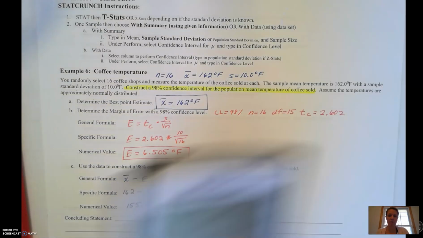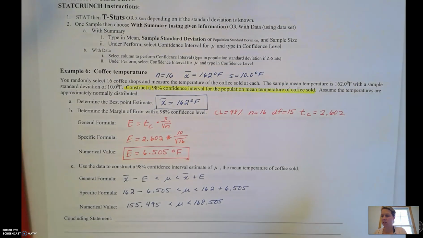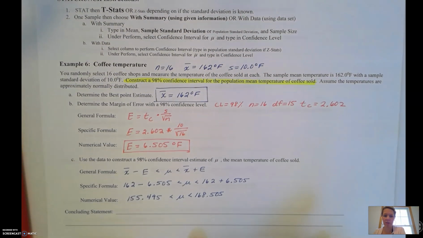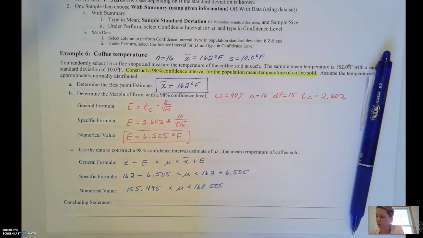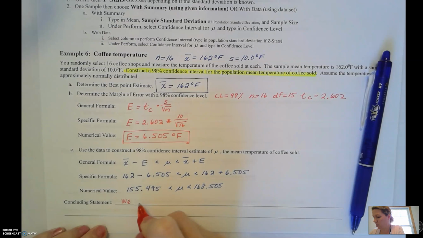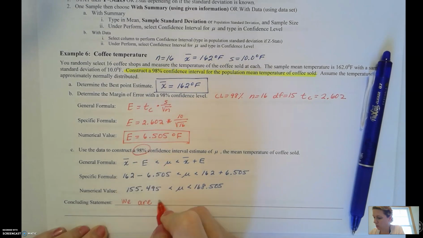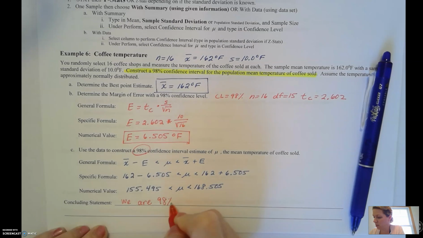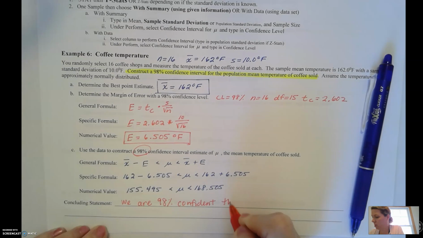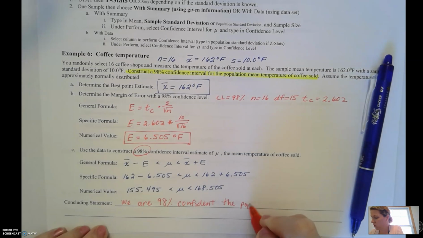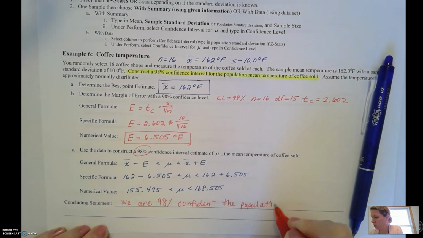Let's do the interpretation. The interpretation in our sentence is going to be: we are 98% confident, then the confidence level is 98%. The population, we're doing a population mean.